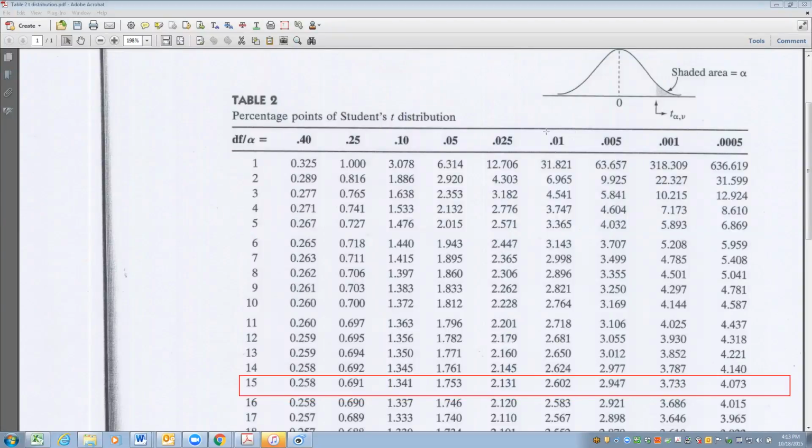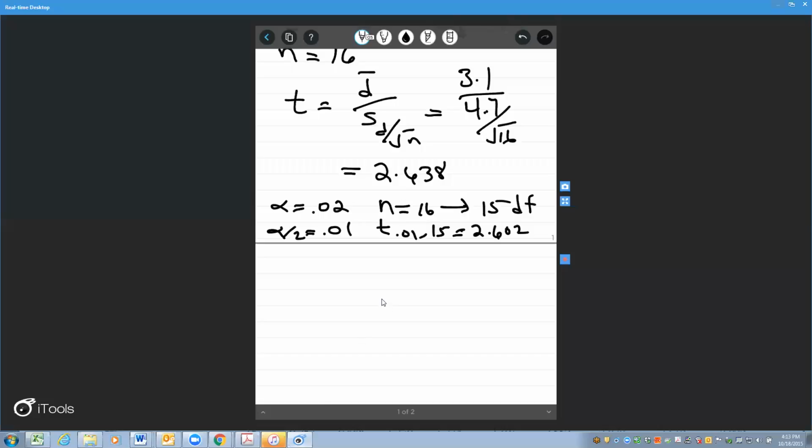Between the 0.01 and 0.005 column. So I know that one side has a value between 0.005 is less than p is less than 0.01.